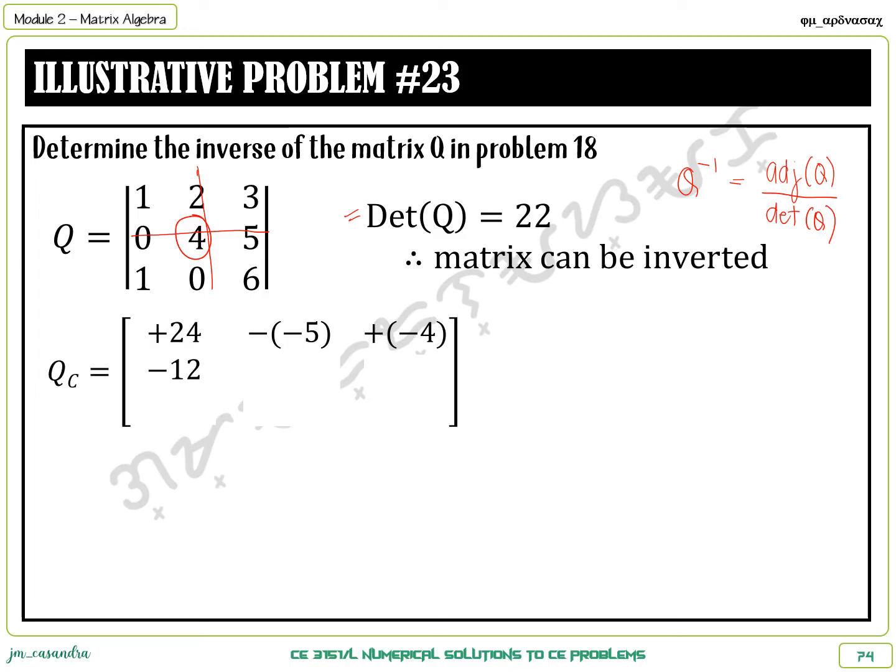So that is equal to positive 3. And then we have 2, 3. So we have negative 1 times 0 minus 1 times 2. So that is now equal to negative 2.